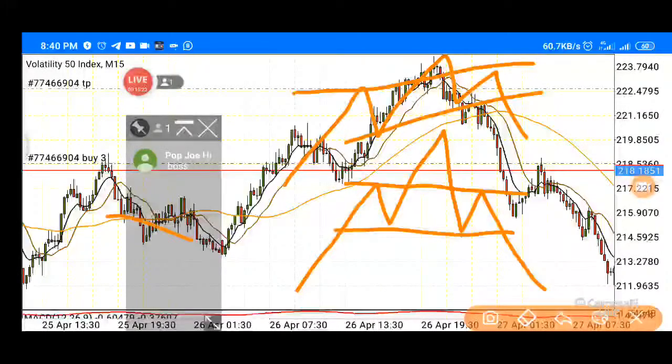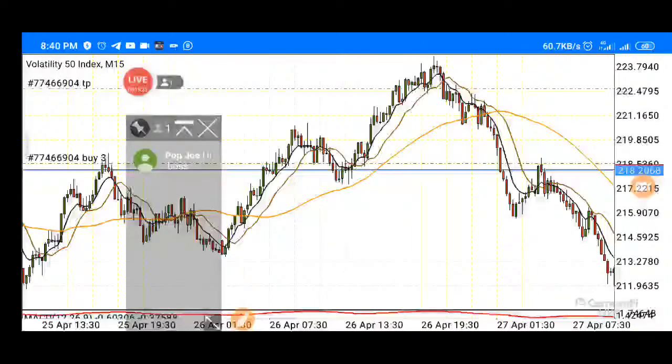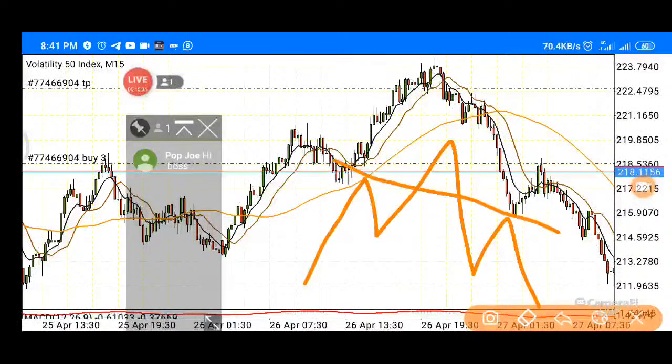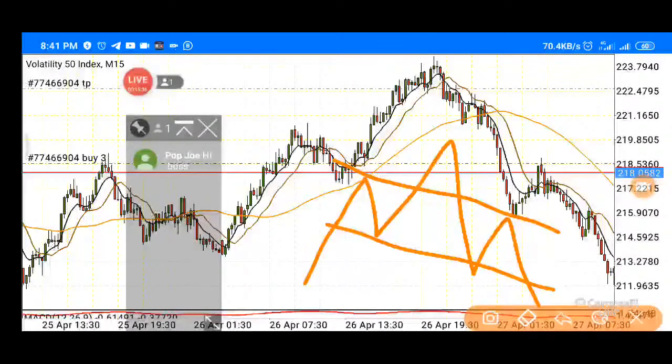That's the second one, and here is the third one. So this one is coming down. You can see that it's not on the same level. You also have to use a trend line to join it. So you can see this is the type we have here.